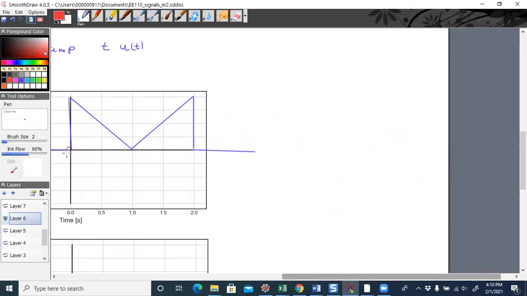And I see something changing here, something changing here in time, and something changing here in time. So my function should have 3 times, but that doesn't mean that I only have 3 functions, okay?